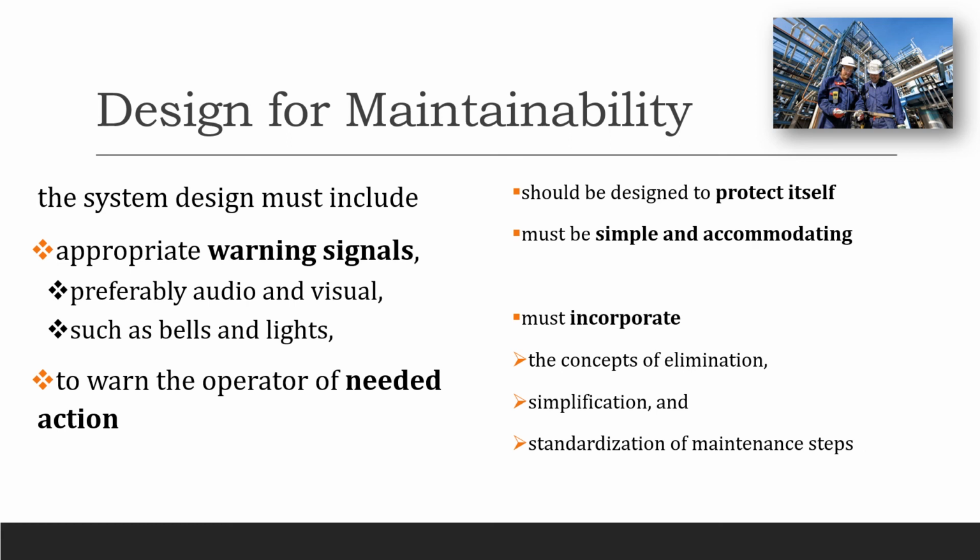Therefore, the system has to be built in a particular way to warn the operators and maintenance people so they are able to maintain that system, and we call that design maintainability. It should come with warning signals, and it should protect itself, meaning it automatically shuts itself down, like the car.